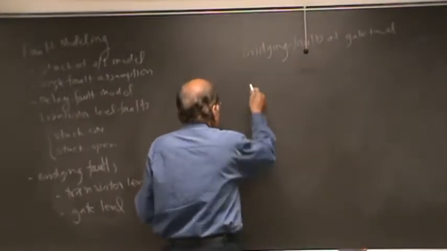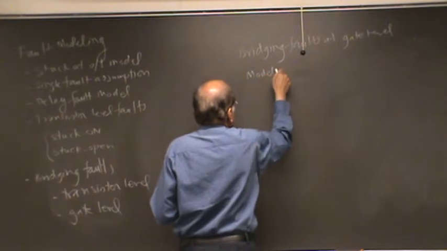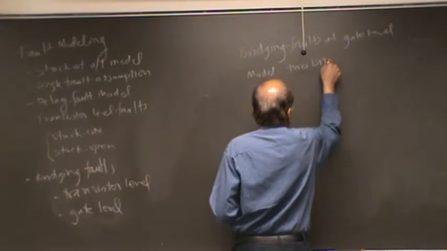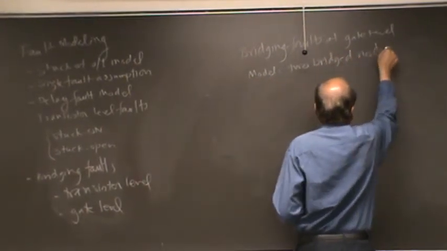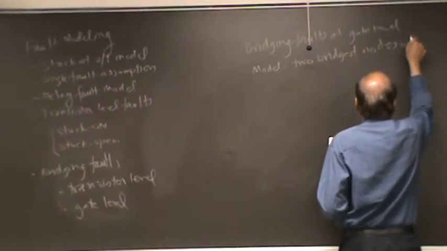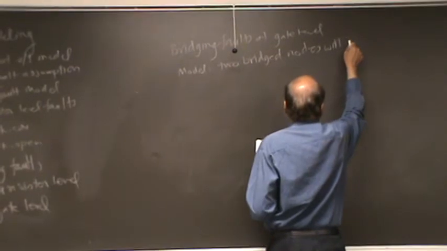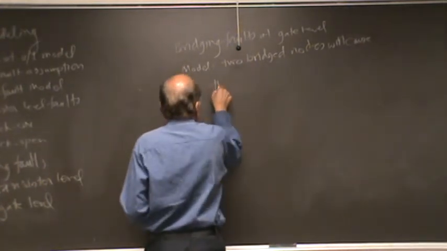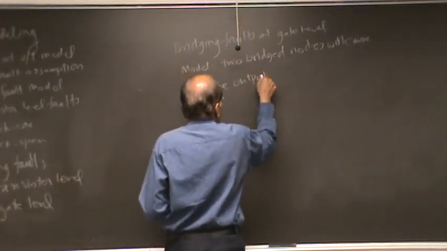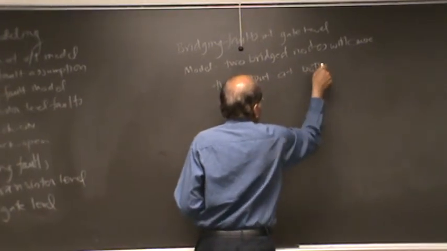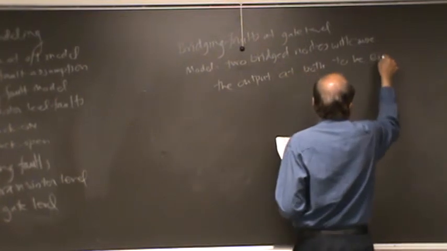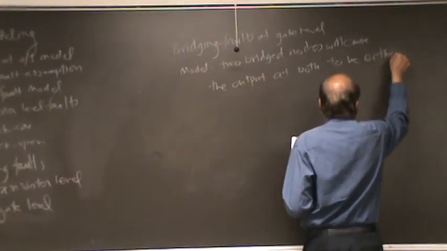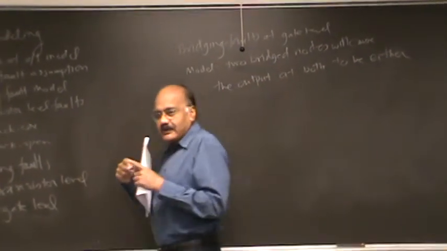So the assumption is, the model is that two bridged nodes will cause the output at both to be either a 0 or a 1. Okay, what happens if you connect a 0 and a 1?